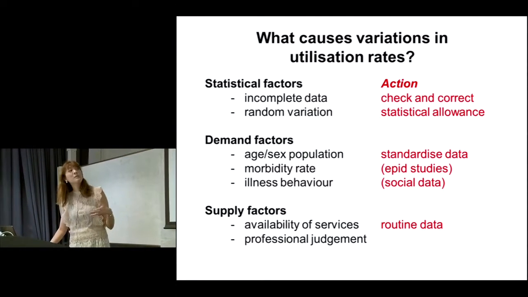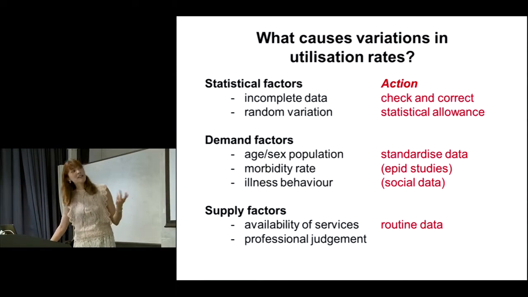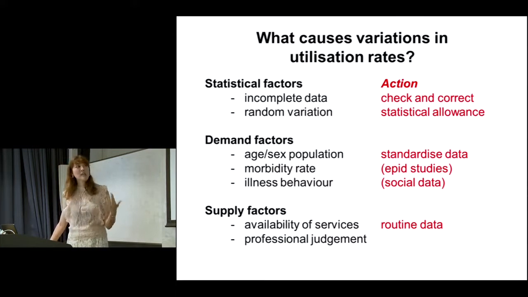Random variation can be statistical differences, chance, bias, confounding, and so we can actually do something about those. Demand factors: we know there will be age, sex, population differences, and morbidity rate. Illness behavior we talked about, that's fairly hard to account for. And then also supply factors, the availability of services and professional judgment.